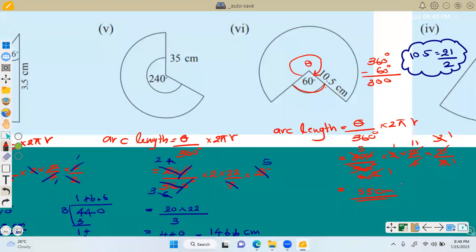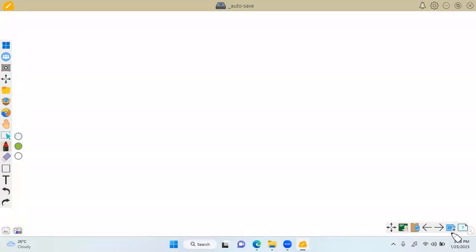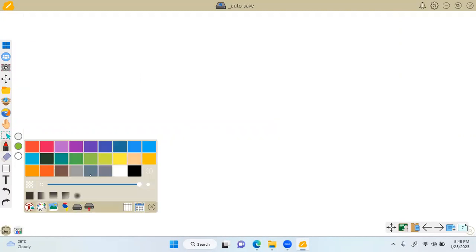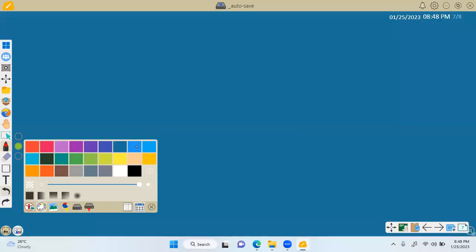Now let's move to another part. Okay, this is very important. Now again, we are going to move to the part of finding perimeter.